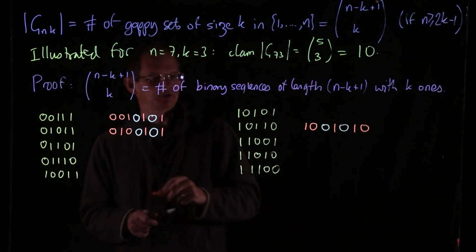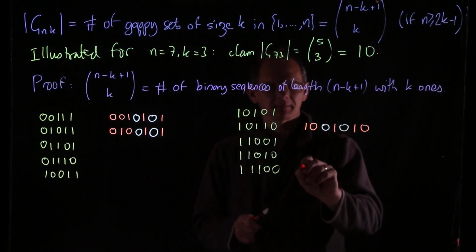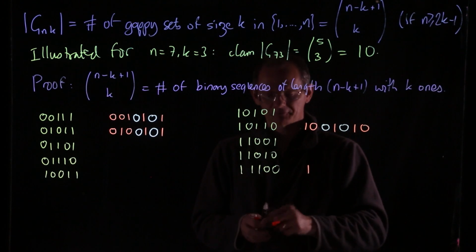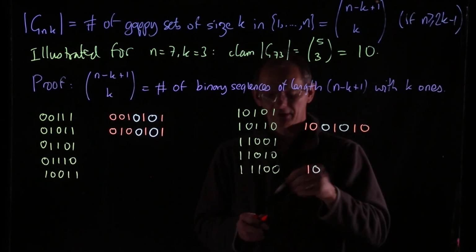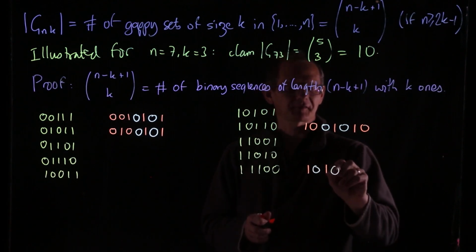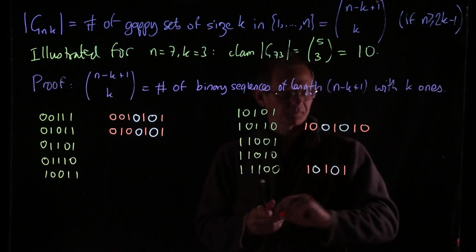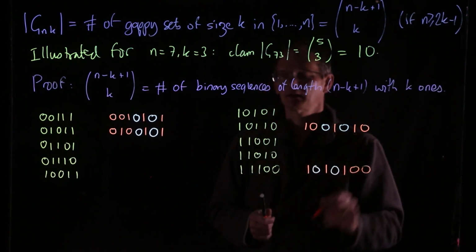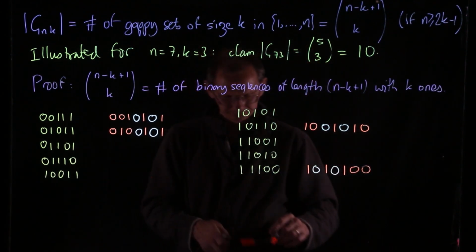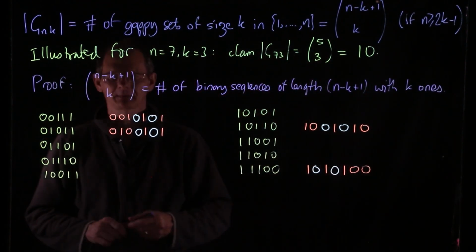Let's just do the last one as well. We keep that 1, and then we have to insert a 0 to the left of the next one, and another 0 to the left of the next one, and then we've got the two zeros on the end. Let's just write down what we did.